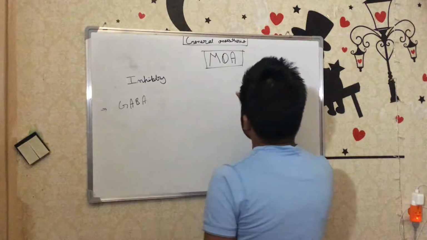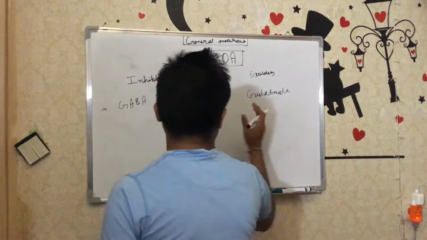We have more, but general anesthesia acts just on GABA and glutamate.